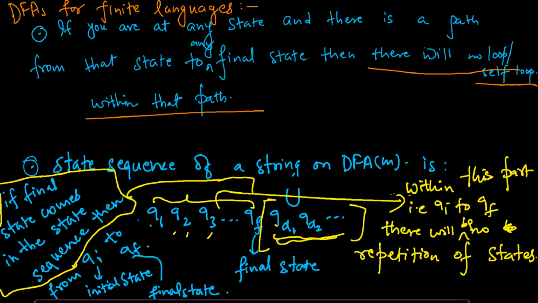So that's it. Let me summarize it. The summary is very clear. When you are given a question about DFA, be very careful about what is being asked: whether the question is about any DFA or about a minimal DFA.